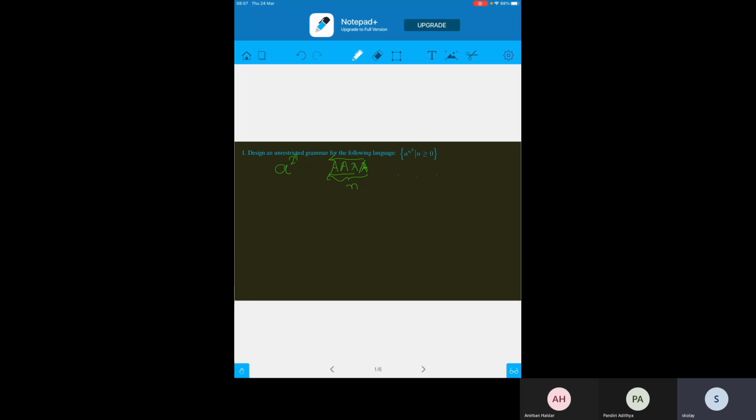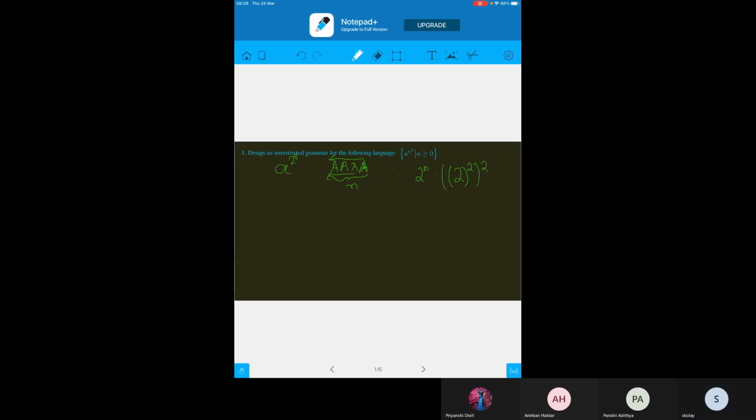Now for n square, what can you do? Can you think of any relation for n square? Because 2 to the n, you can think of this as 2 whole square, then this whole square, and so on. Right.